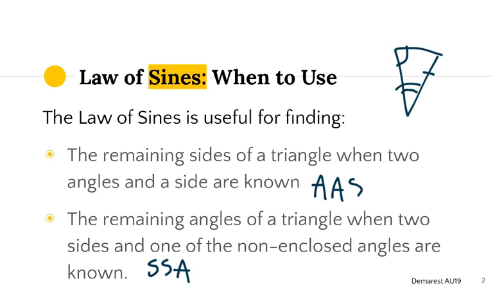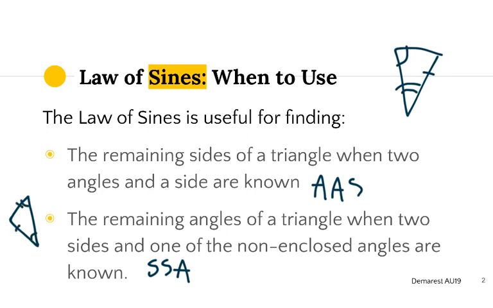It doesn't matter which two angles we know, because if we know two angles of a triangle, we know all of the angles, because all three angles of a triangle always add up to 180. So if you know two, you can always solve for the third. Side-side-angle would be when you know a side, and then one of these two angles.